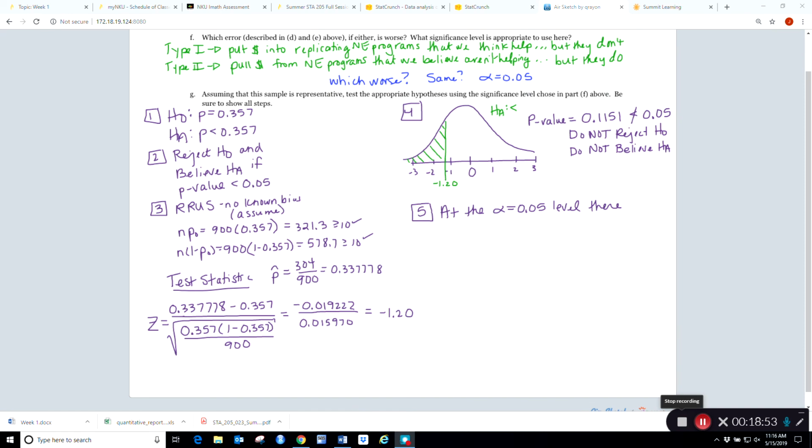So there is not. Nice and easy, remember that this "not" just comes right down here as well. So there is not statistically significant evidence to support.